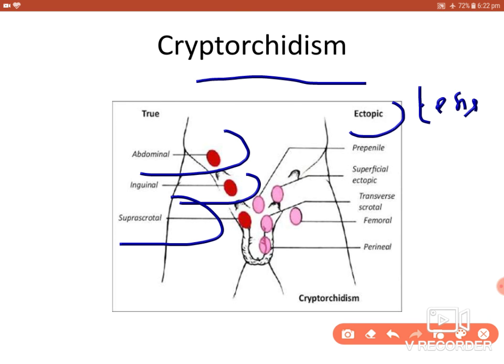That may be prepenile, that is at the back of the penis, or superficial ectopic, that is over the aponeurosis of the external oblique muscle, then transverse scrotal, that is in the opposite scrotum, then femoral, in the femoral canal, or perineal, subcutaneous. Those are the subtypes of the ectopic testis.